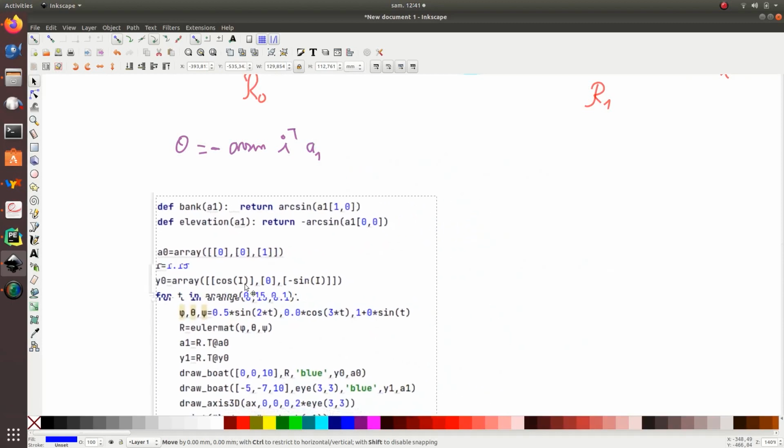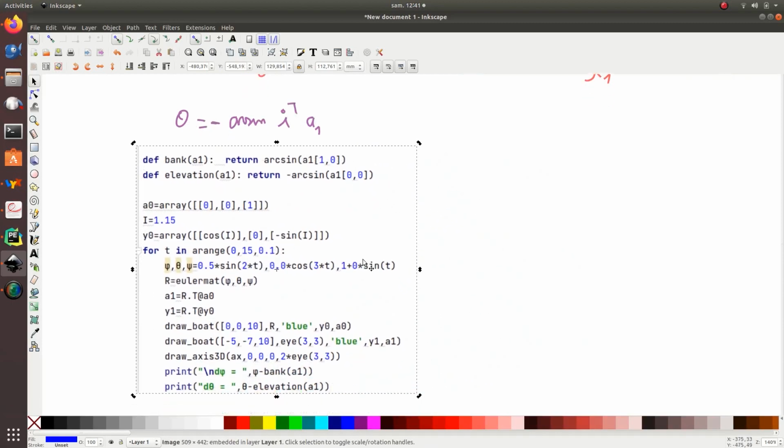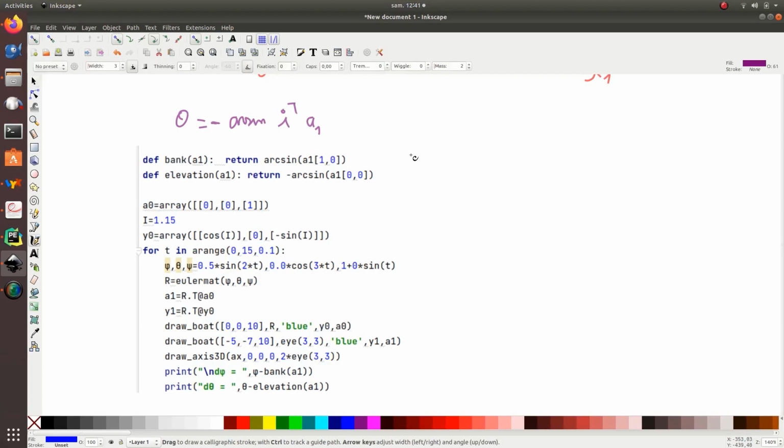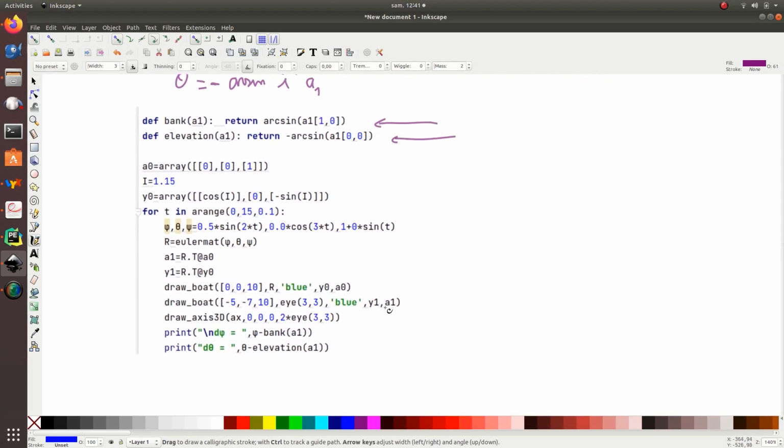The bank is given by this formula, the elevation by this formula, and I will see the difference between the actual Euler angle and its estimation. We understand that the bank and the elevation only depend on A1.